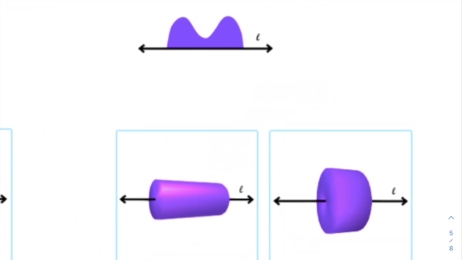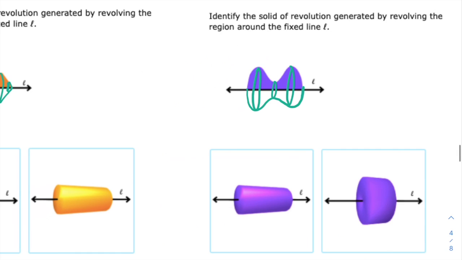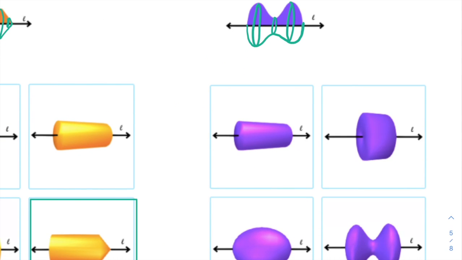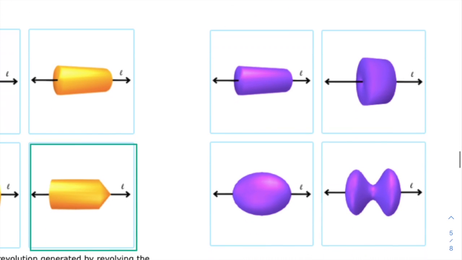Right, this one, you're going to spin very far here, and very far here, and not so far here, and so you get this, I don't even know how to describe that, kind of like a blob that's spinning.